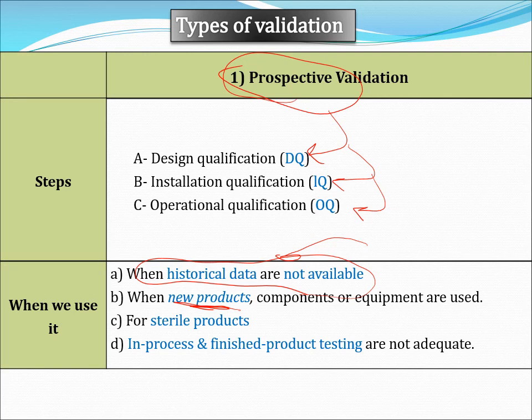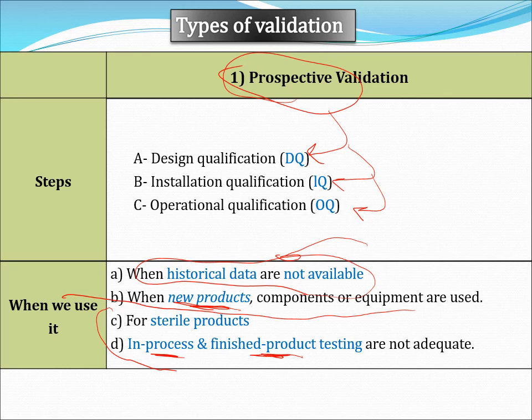The other option to make prospective validation is trial products. Trial products where in-process quality control, to take a sample during production or from the finished product after producing the whole batch, is very expensive. Some injections may cost $1,000, $500.